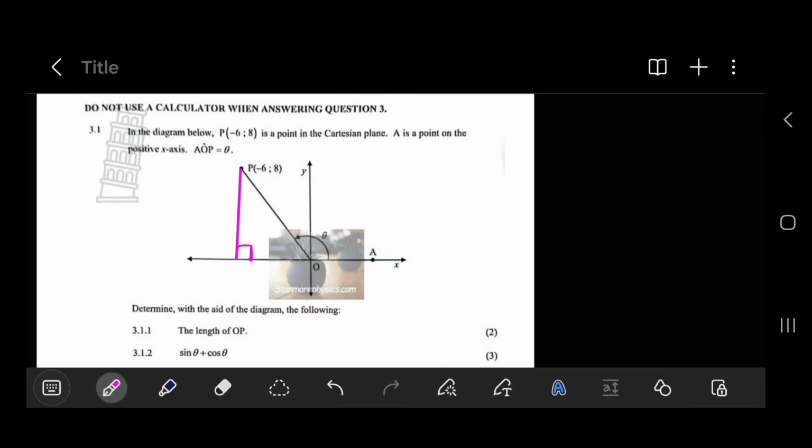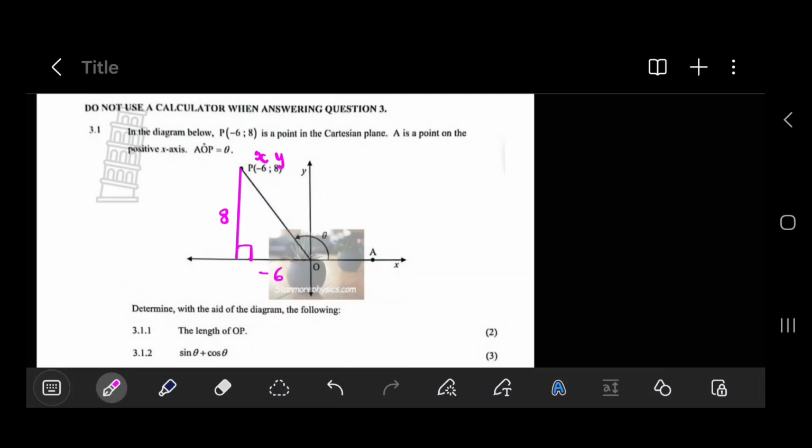Now, based on the information that's given, you have a point. And remember, a point is made up of an x value and a y value. Your x value represents the horizontal distance, and the y value represents the vertical distance. So right now on this diagram, we have two sides of the triangle.